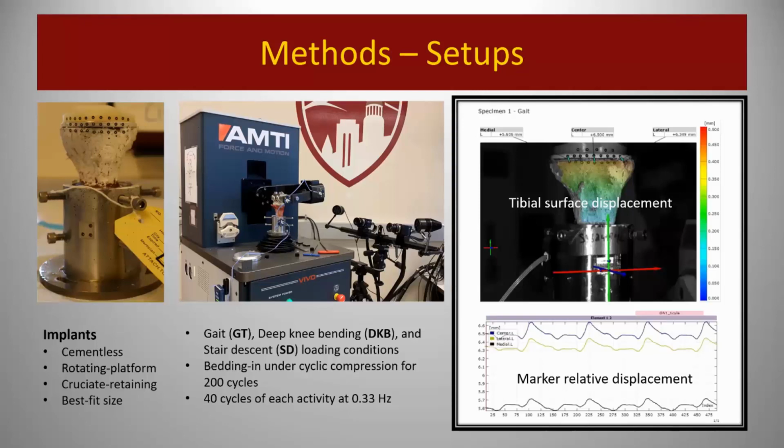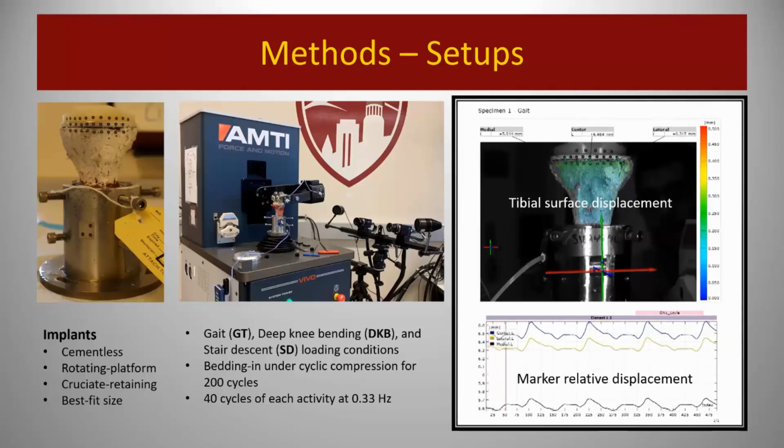Relative displacements between tray bone marker couples and the proximal bone surface displacements were recorded using a DIC system. This animation shows the DIC system simultaneously measured the marker and surface displacements.